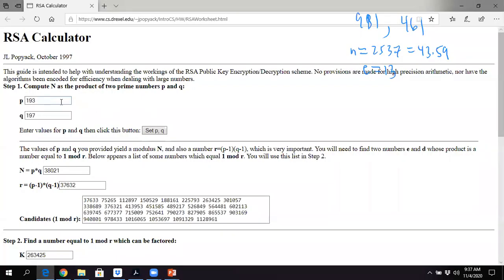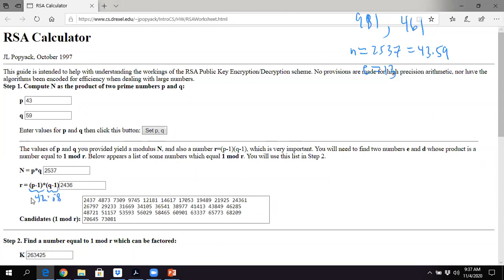So what were my numbers again? 43 and 59. So I set P and Q. Now P minus 1 times Q minus 1, which in our case, P minus 1 is 42 and Q minus 1 is 58.